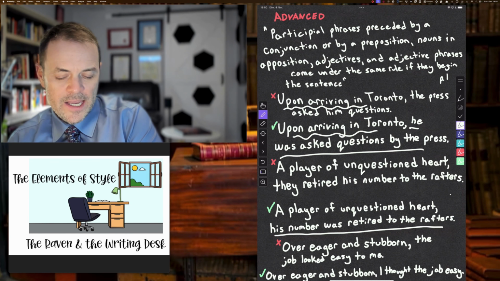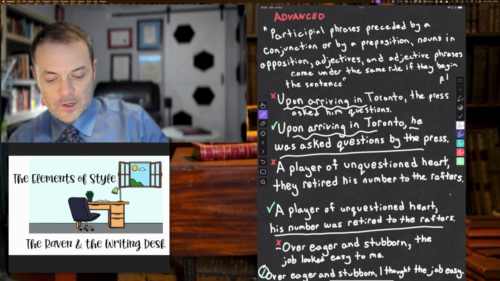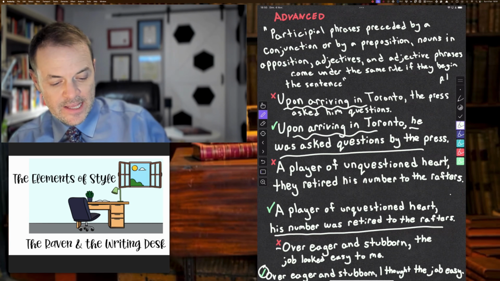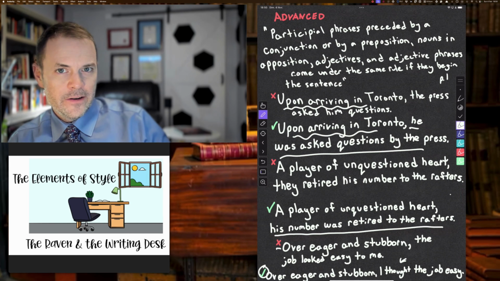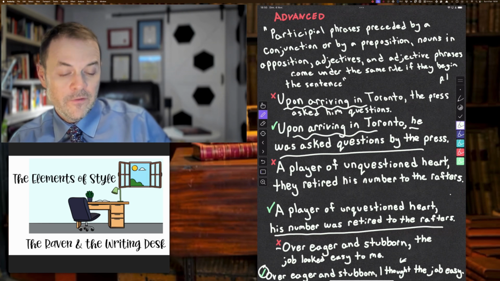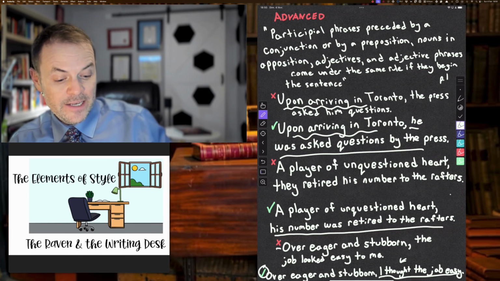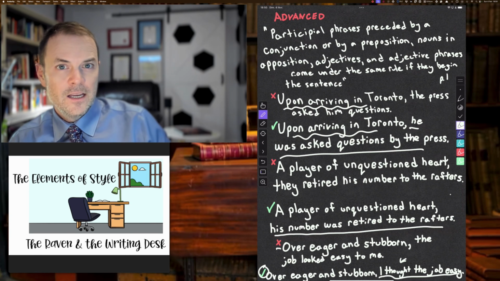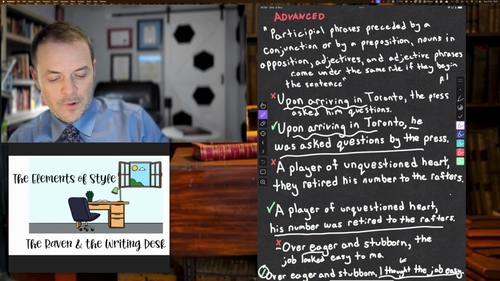I'm thinking, why is this one with the check mark and that one has the X? Why is this one better? Because I thought the job easy, overeager and stubborn, they really do need one another to form meaning. It's not like this part here is a strong, independent idea. It just comes down to, is this part of the sentence agreeing with the other?